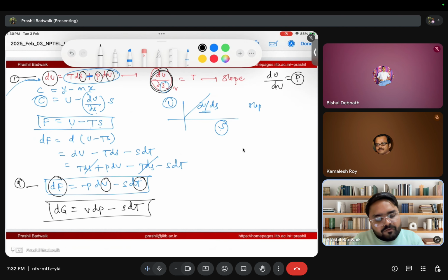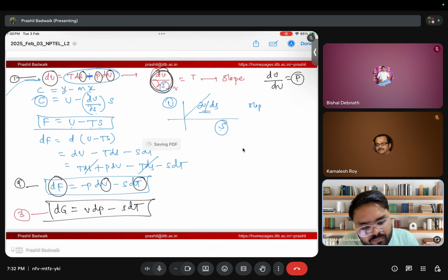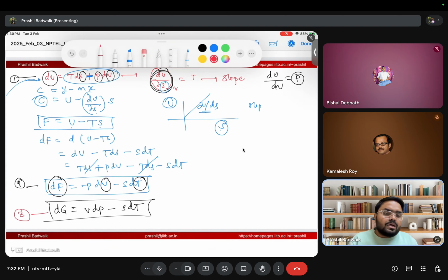So now if you just look at these three equations, you will see in my system, if I am controlling s and u, then the change of that system from state 1 to state 2 will be decided based on the delta u value, right?